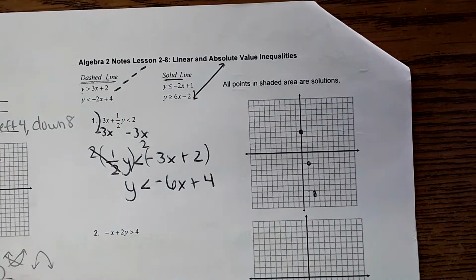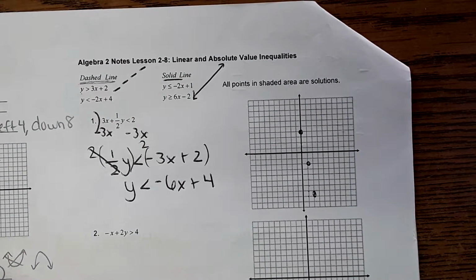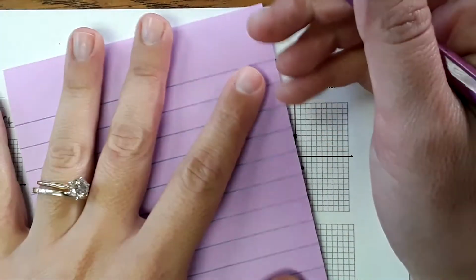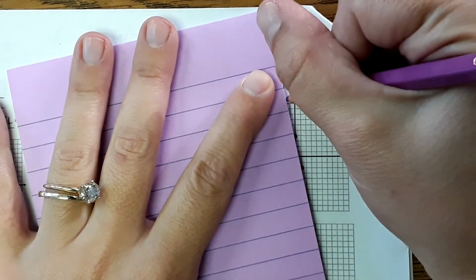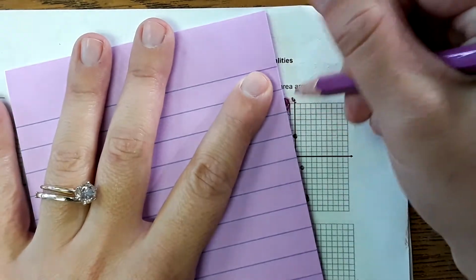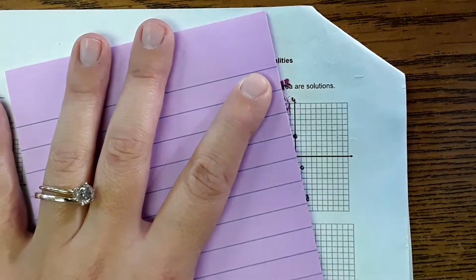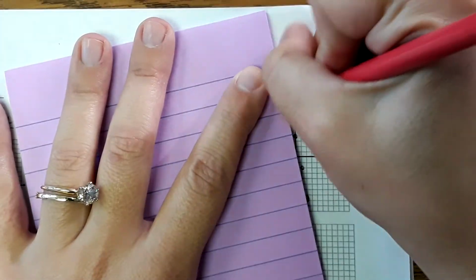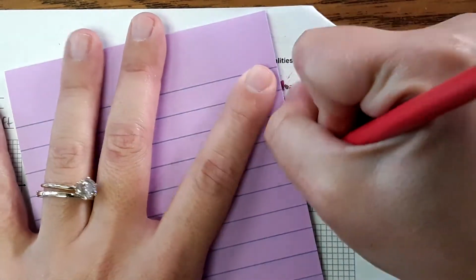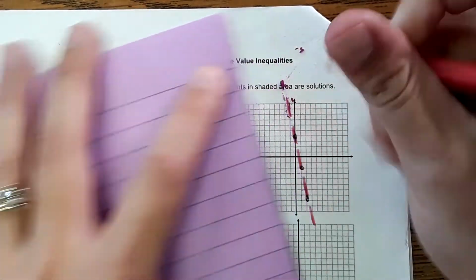And then I'm going to graph that line. Here's where you can use color if you want to. It would be a dotted line. Whoa, my colored pencil broke. No. Just with the color, it's easier to see it.